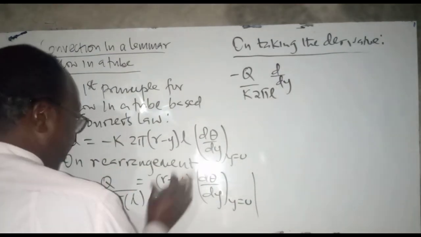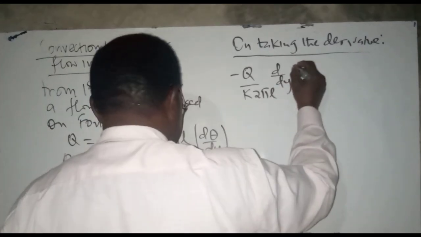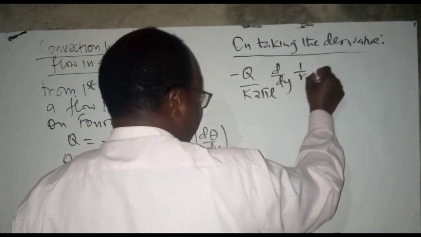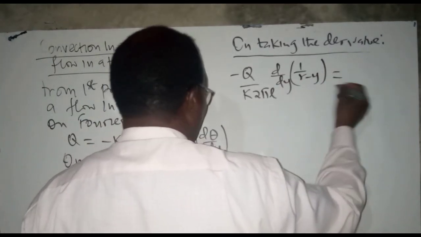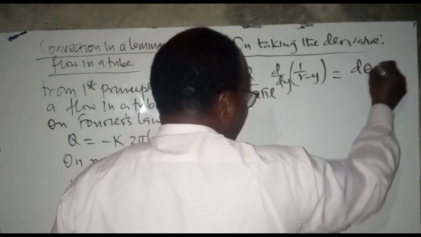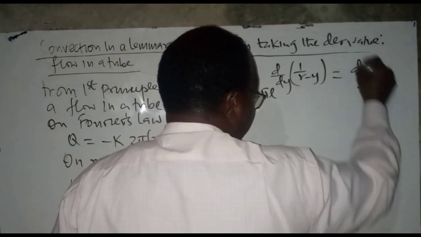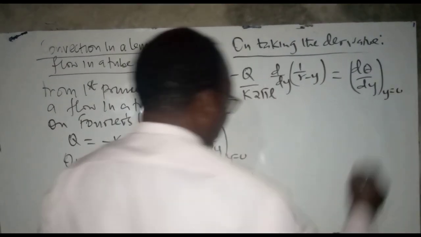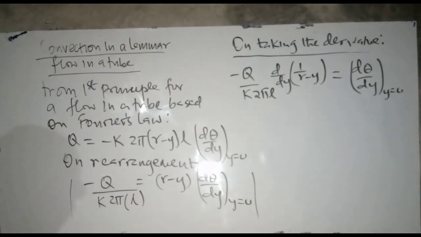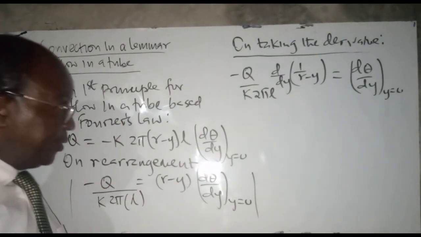Let's bring this side, so we have 1 over (R minus Y) is equal to d theta dy, equals 0. So we have simply rearranged these particular quantities.